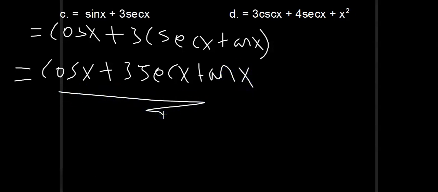For the last one, the derivative of 3 sec x is 3 sec x cot x.